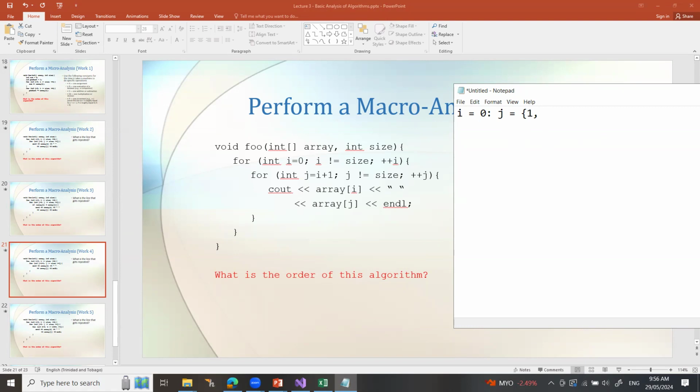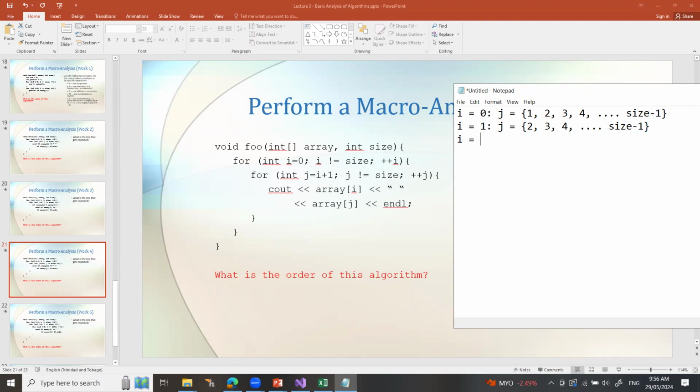They're integers: 2, 3, 4, all the way up to size minus 1. All right, when i is 1, what are the values of j? Start from 2 and continue on as 3, 4, all the way to size minus 1 again. All right, nice.